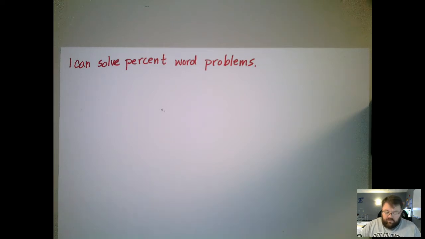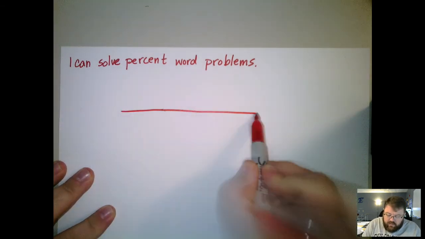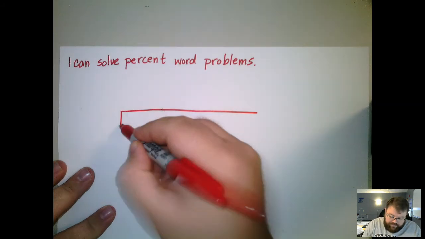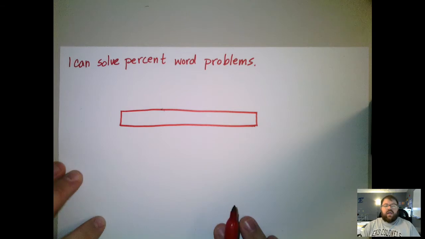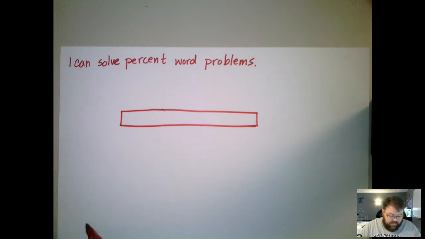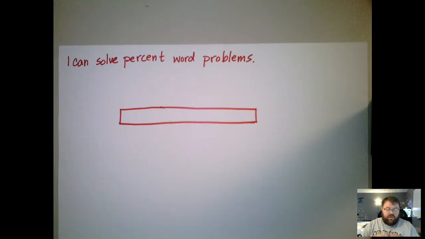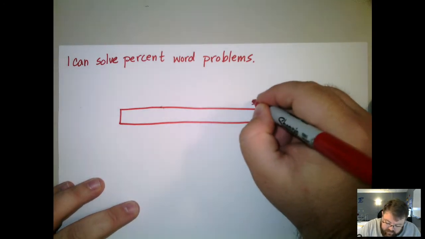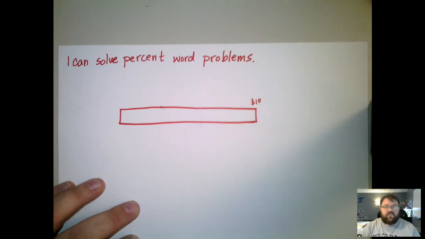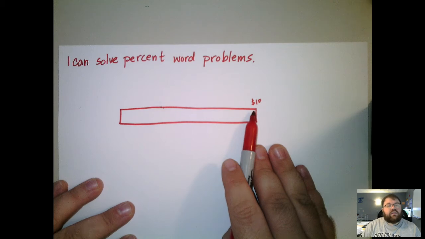What we normally do is an activity, and so what I'm going to try to do is draw a bar, and I need you to visualize this bar as 100% of something, okay? So let's keep it simple. Let's say that this number is $10. So if this bar was shaded completely, it'd be $10.